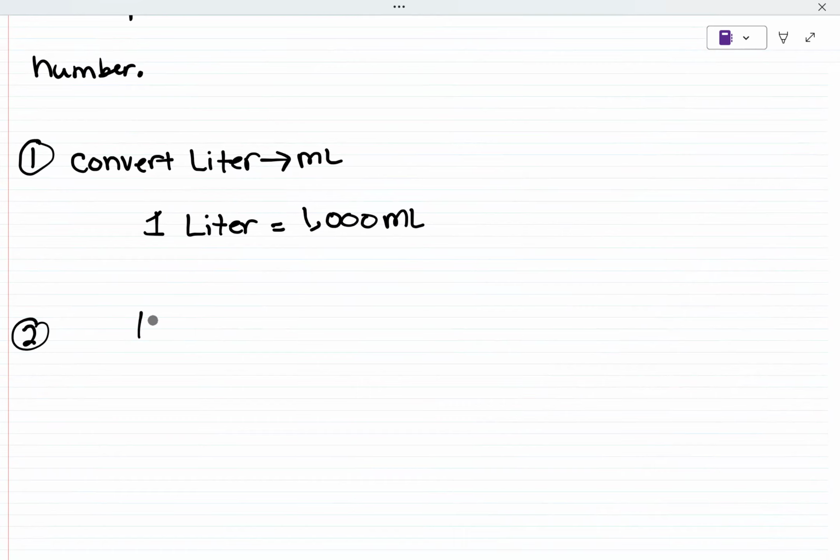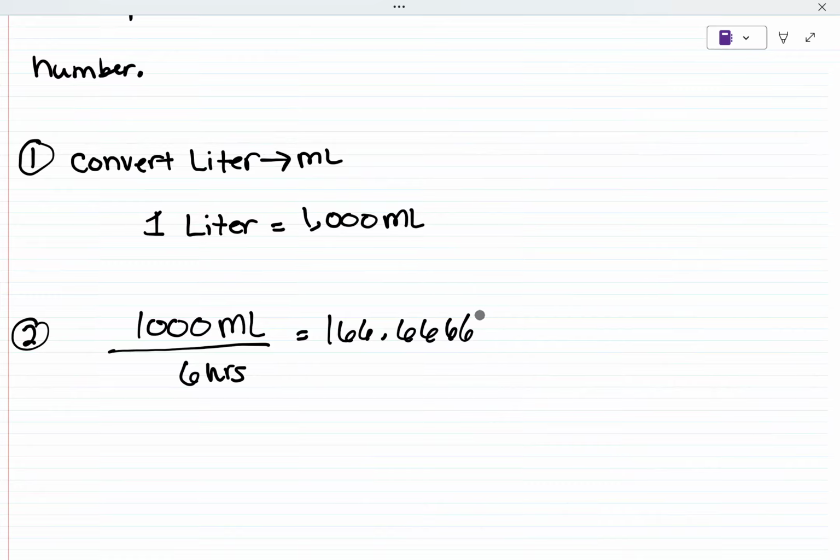So 1,000 milliliters for every 6 hours. 1,000 divided by 6 is 166.6666 milliliters per hour. You can write it slanted, or you can also write it horizontal. Now the direction says round to the nearest whole number.